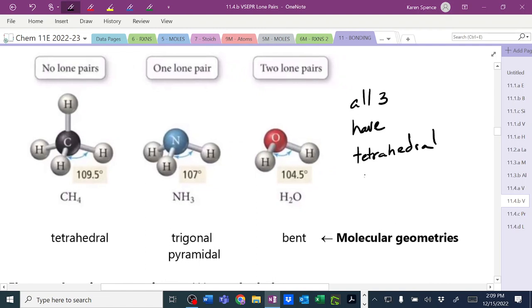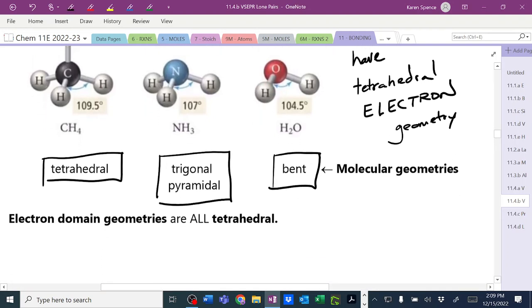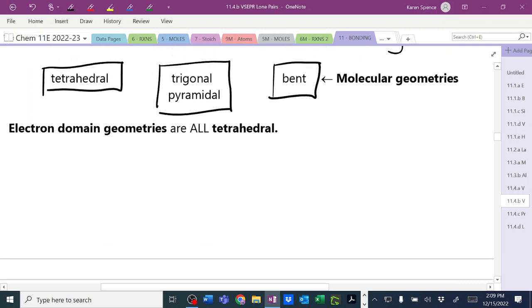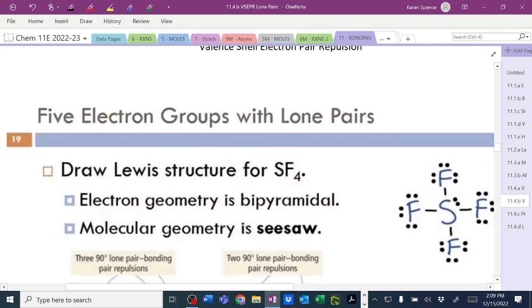Electron geometry. But they all have different molecular geometry. Is that good? I wrote that in the notes already. I don't know why I write anything on these. I've already written it.